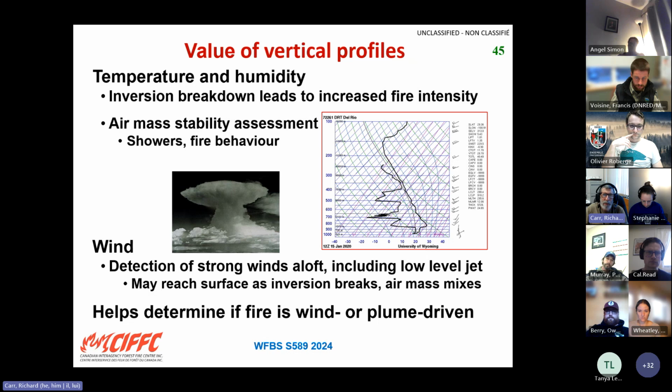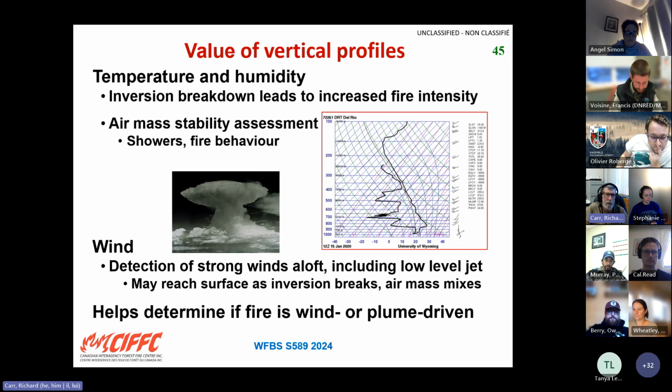All right. We've talked a little bit about the value of vertical profiles earlier in the weather modules as well, and certainly showed plenty of these University of Wyoming thermodynamic diagrams. So we've talked a bit about this already. Inversion breakdown, of course, leading to increased fire intensity.